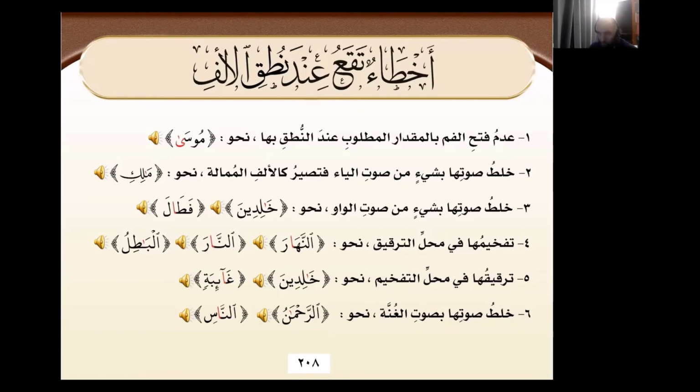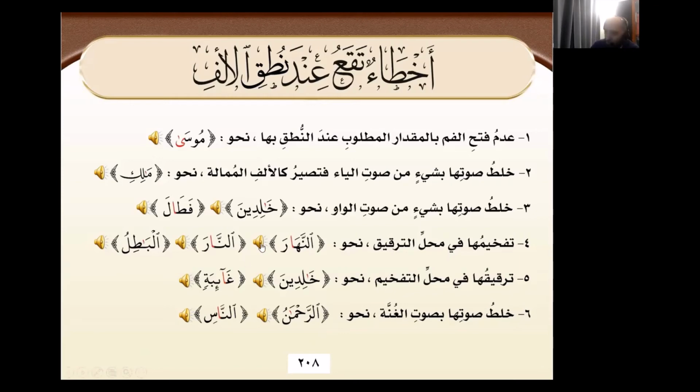So the way to pronounce the letters properly is that you try to pronounce them as you pronounce them individually. النهار. Same thing with النار.